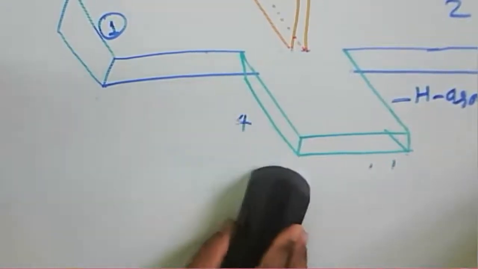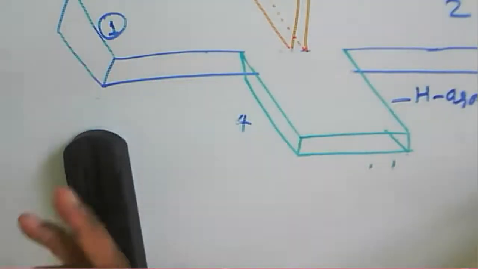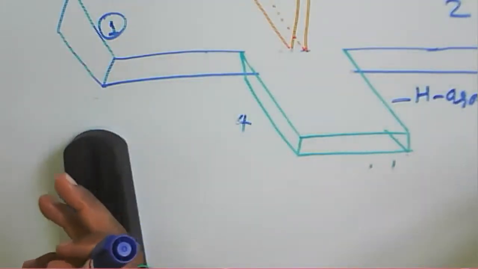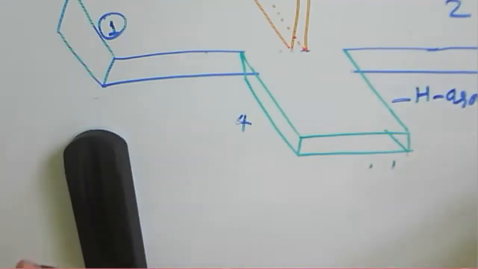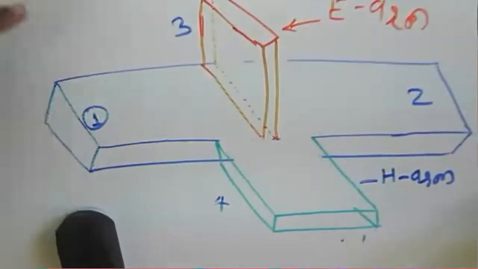Now we talk about how we get the matrix for this S parameter. As we have seen earlier, the ports are to be perfectly matched, and all the conditions are the same here. But here it has the E arm and the H arm, two different arms.